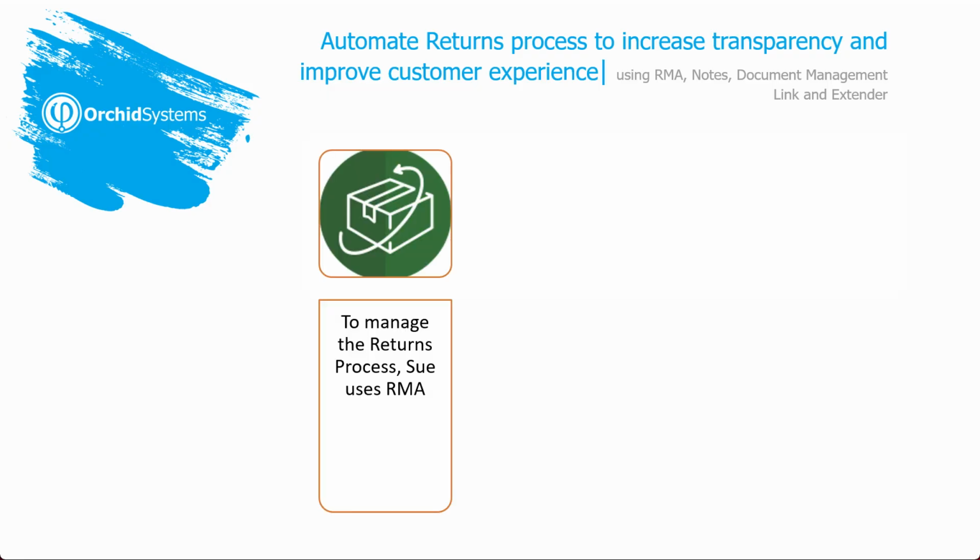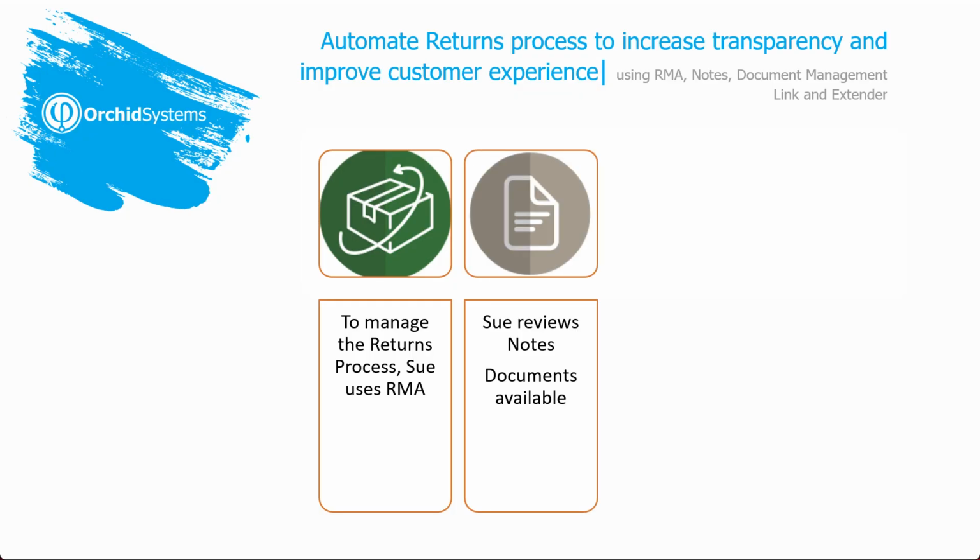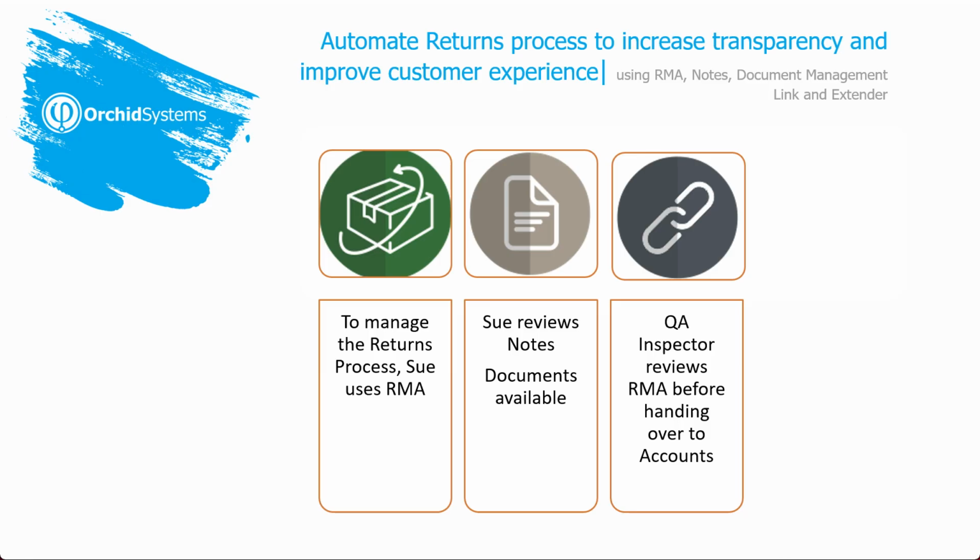In our example, Sue enters the return in Orchid RMA in Sage 300. Using Notes and Document Management Link, she will find the email received from the customer and add a note. When the client returns the goods, the RMA is marked complete, which starts the workflow.